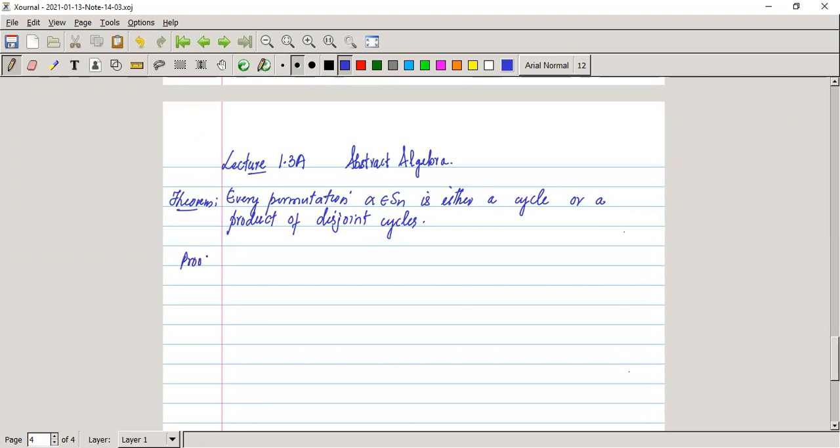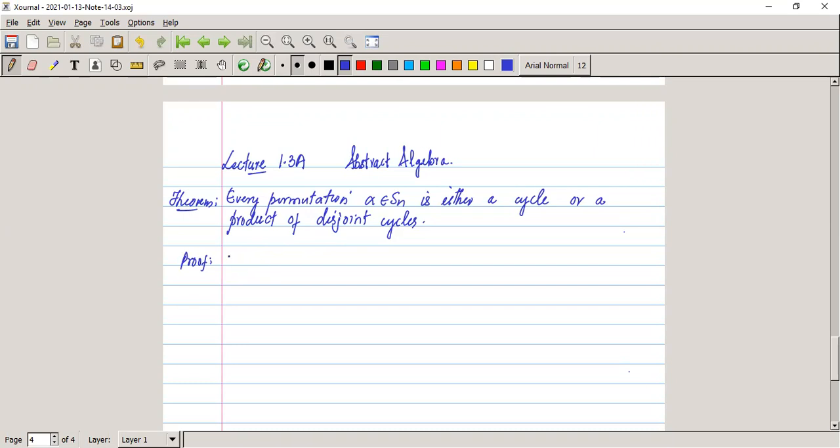Now we do the proof of this result, and we prove this result by inducting on the number of points moved by alpha. Here alpha is a permutation in Sn, so alpha may move either zero points, or it will move some positive number of points. We will make the proof by inducting on the number k of points moved by alpha.